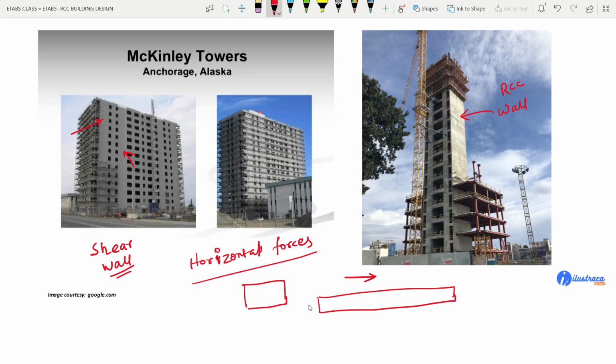The ratio of length to width will be very low. What that ratio is, we will understand later. So in an RCC structural system, this is also a structural element that you may find, right?